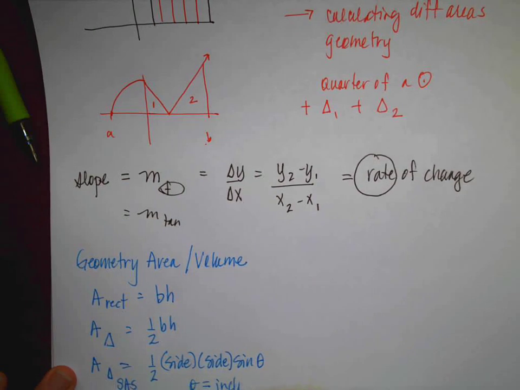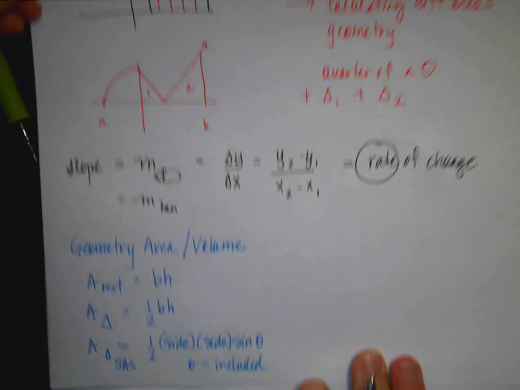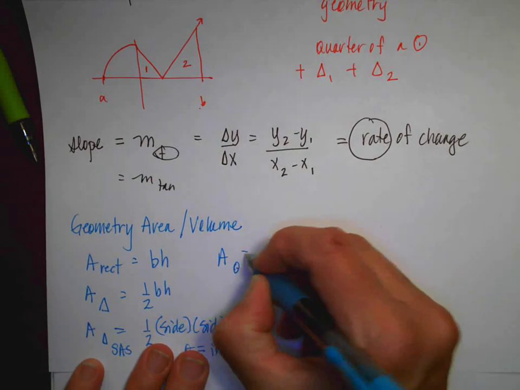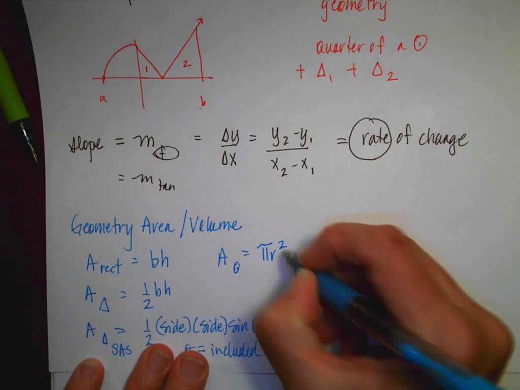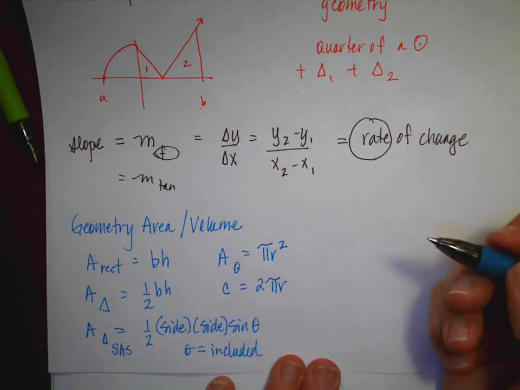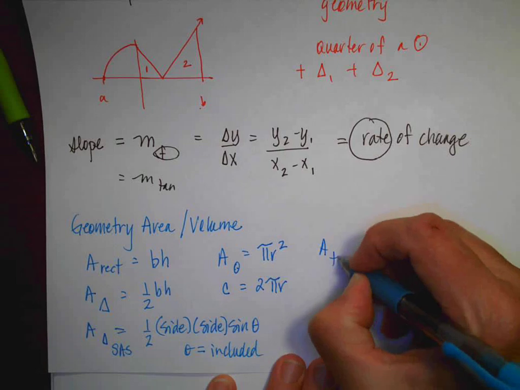And remember that theta has to be the included angle. The area of a circle is going to be pi r squared. The circumference of a circle is 2 pi r.